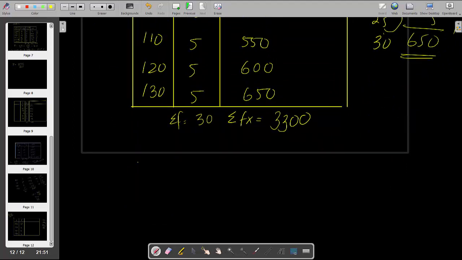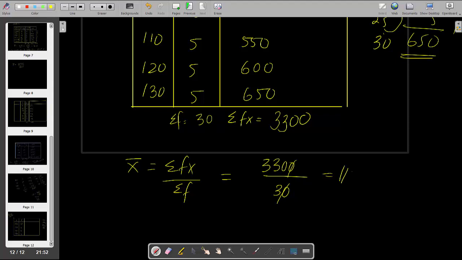Mean is equal to sigma fx by sigma f, which is equal to 3,300 divided by 30. You can cut the zeros, 3 into 11 is 33, and you get 110 pounds.